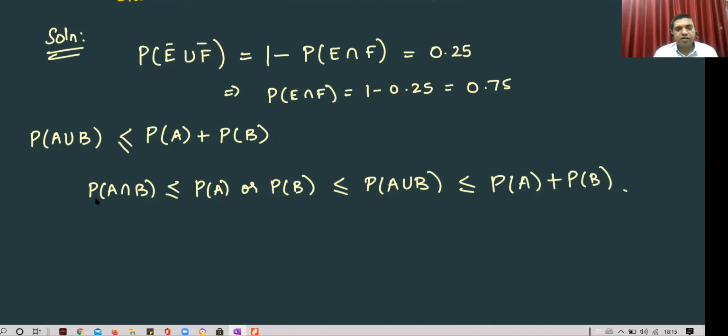The intersection has to include both A and B, so it will be less than A or less than B. Then each individual will be less than A union B, and the union will be less than the sum of them. So this is the inequality that you can remember.